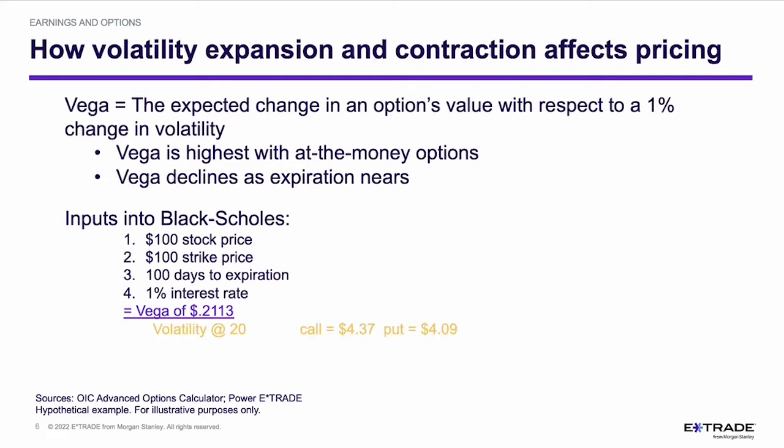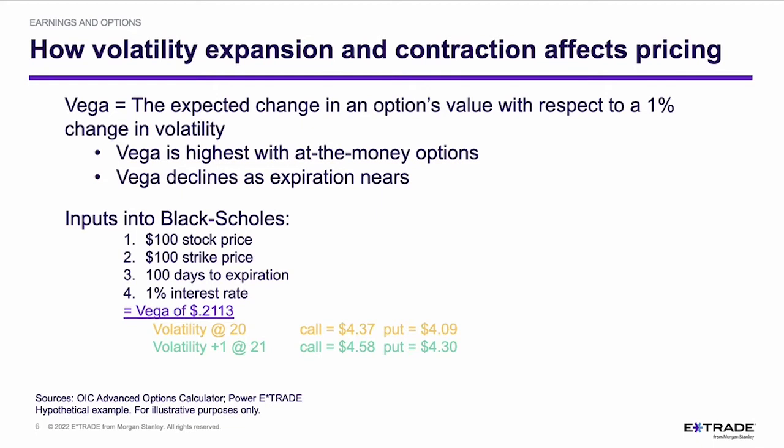That means that if we're looking at an option that is trading with a volatility of 20, that would give us a call valued at about $4.37 and a put valued at $4.09. If volatility were to go up 1 percentage point, in other words, if it were to go from 20 to a vol of 21, that expansion in volatility, look at what it did to the call price. It went from $4.37 to $4.58.